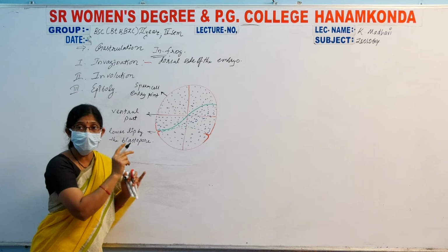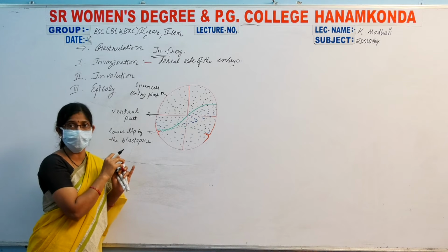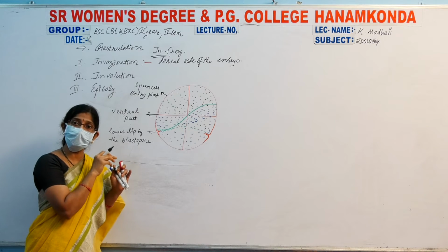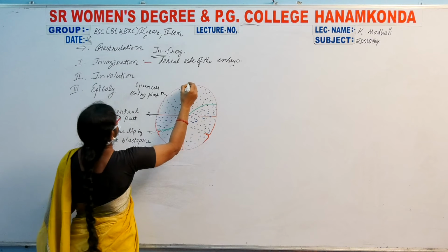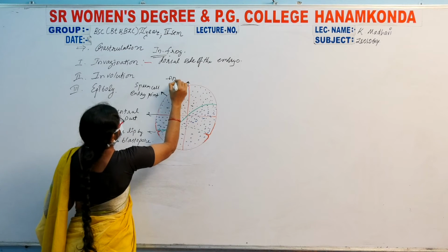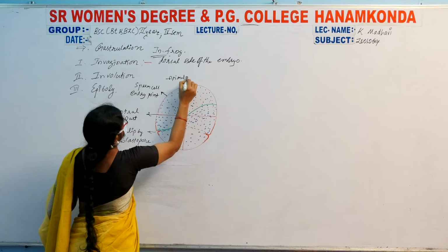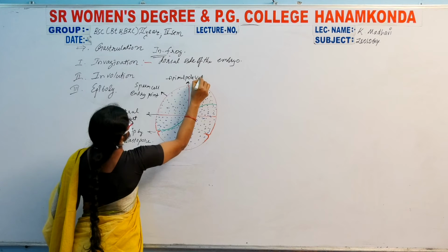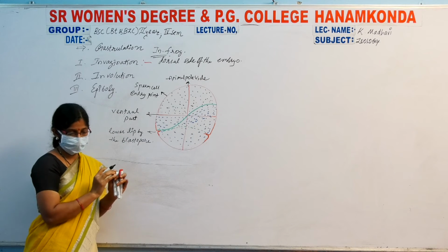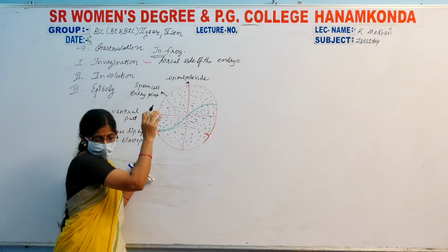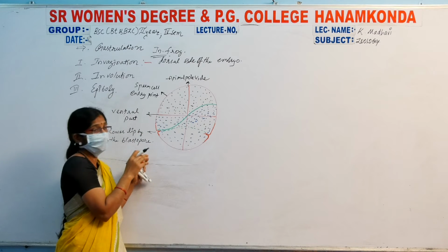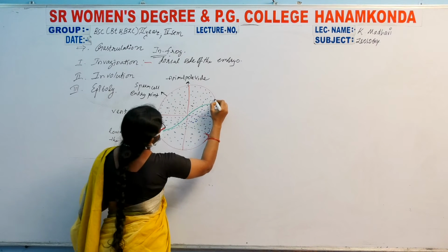And here, that is the animal pole side. Always the sperm cell enters into the ovum at this side. That is the animal pole side. Animal pole side, and next one here, the region of invagination occurs in this region.